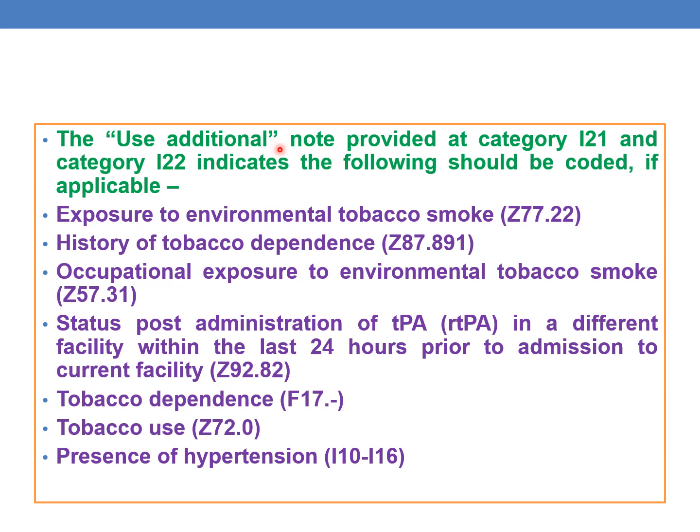The use additional code note indicates that whenever the following scenarios or conditions are co-present with the acute myocardial infarction or subsequent myocardial infarction, you need to code these conditions also.